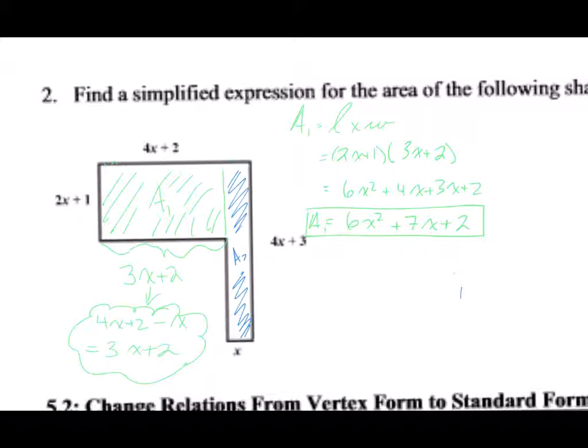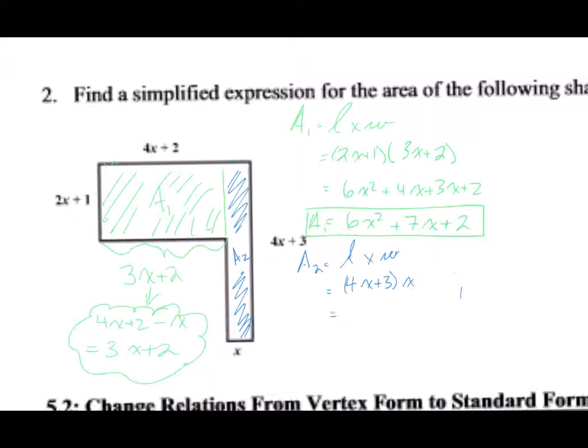Now A2 has a length of 4x plus 3 and x. So let's go with our length times width calculation. And that's going to be 4x plus 3 times x.